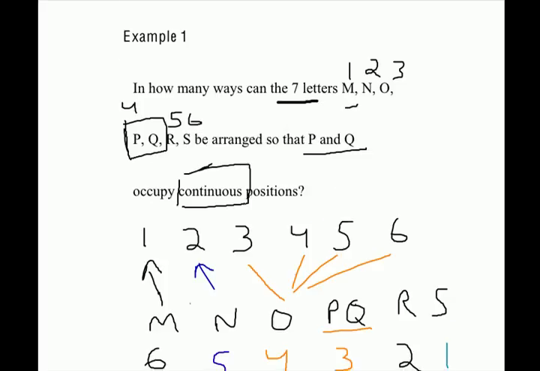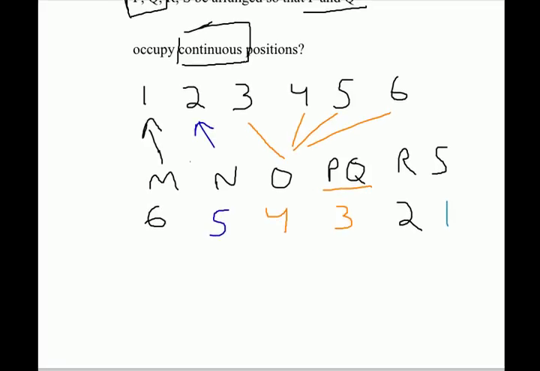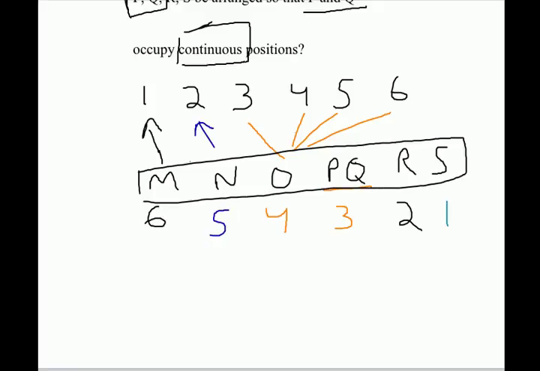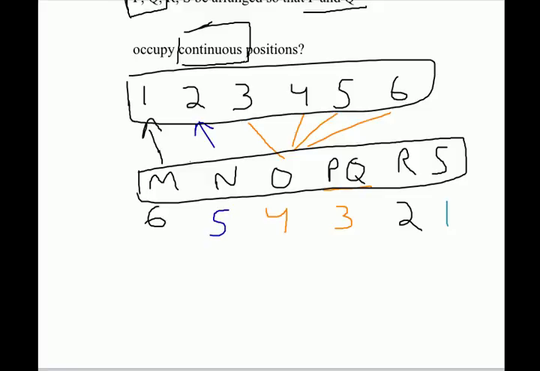So the total number of ways in which the 6 letters M, N, O, PQ combination, R and S can be arranged in these 6 places is 6 into 5 into 4 into 3 into 2 into 1, which essentially is equal to 6 factorial.